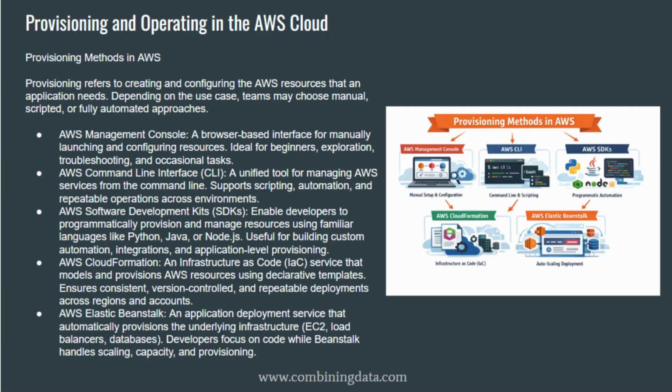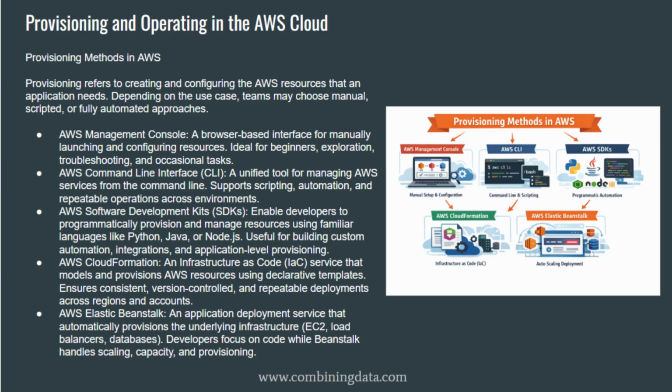5. AWS Elastic Beanstalk. AWS Elastic Beanstalk is a platform as a service, PaaS-style offering. You upload your application code, and Beanstalk automatically provisions EC2, configures load balancers, sets up scaling, handles monitoring and health checks. You focus on code, not infrastructure. When it's commonly used: web applications, developers who don't want to manage servers, fast deployments with minimal AWS knowledge.